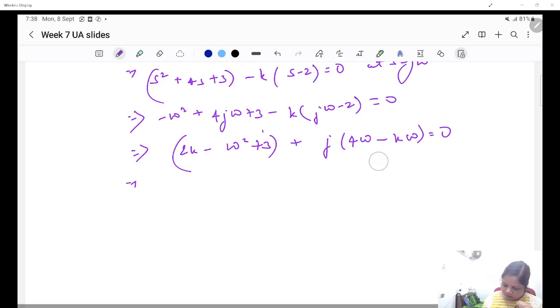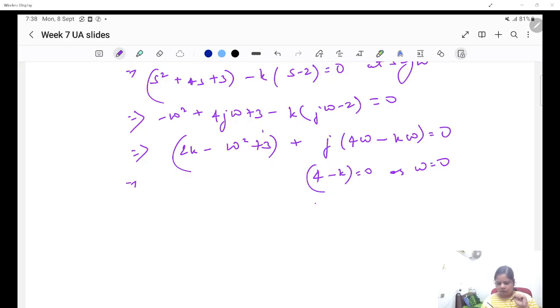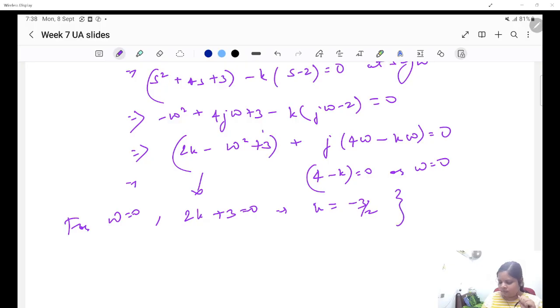Either 4 minus K is equal to 0 or omega is equal to 0. These are the two conditions: either K is equal to 4 or omega is equal to 0. For omega equal to 0, we substitute in the real part: 2K plus 3 is equal to 0, so K is equal to minus 3 by 2. But K was greater than or equal to 0, so this does not hold true.